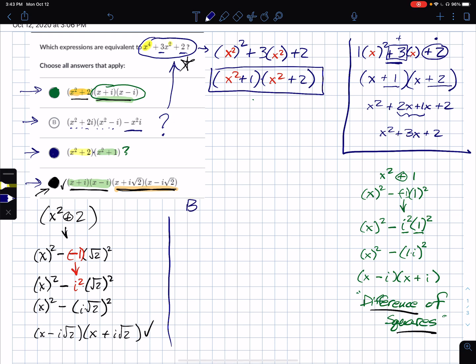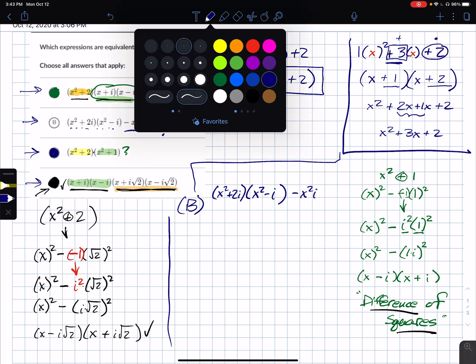But here's what we're going to do. Let's take B, and this is kind of my last tool I like to use, but we can brute force multiply this out with the distributive property and do some simplification to see if we actually can combine like terms and get back to where we started.